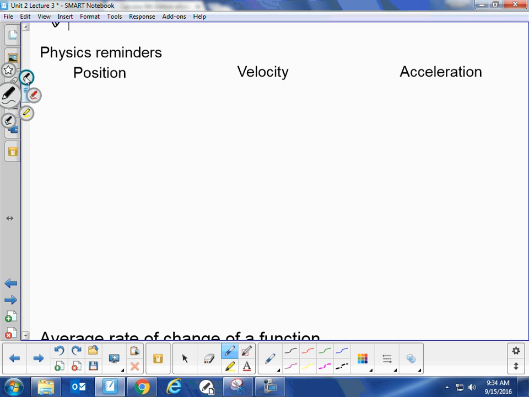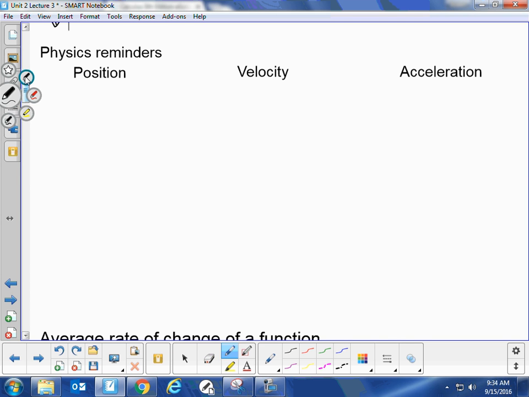Which is why we like to relate things to the real world, and which is why calculus and physics go really hand in hand. We'll have a lot of questions that deal with physics, and what you will hopefully find out is that calculus will help you better understand physics that you took last year or are taking this year. And we will deal with position, velocity, and acceleration strictly, so you don't have to worry about work or force in this class.